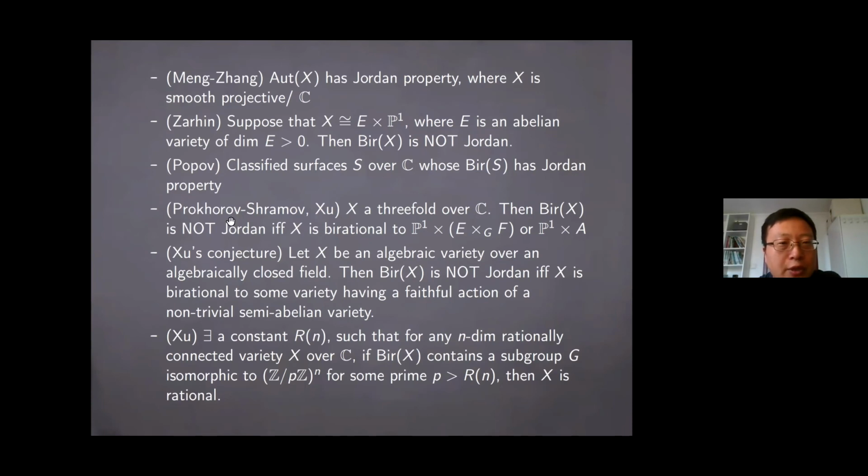And Prokhorov, Shramov and Jinsong Xu proved: if X is a threefold over the field of complex numbers, then the birational automorphism group is not Jordan if and only if X is birational to P^1 times E, where E is an elliptic curve, (E × F)/G with G acting faithfully on this product, or P^1 times an abelian surface.